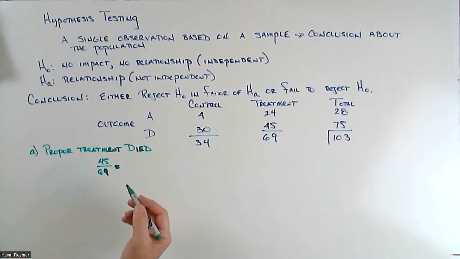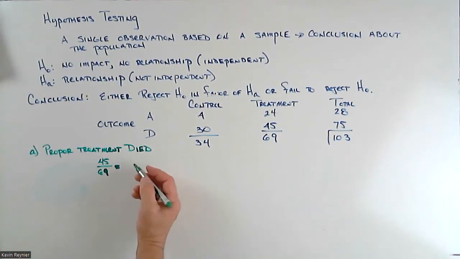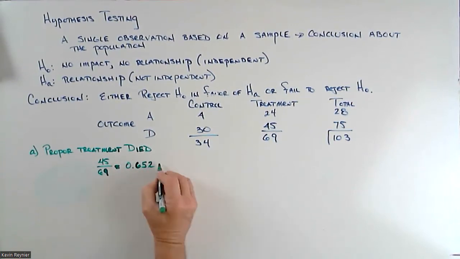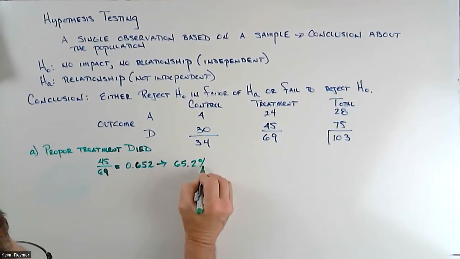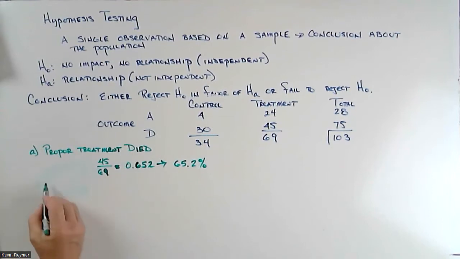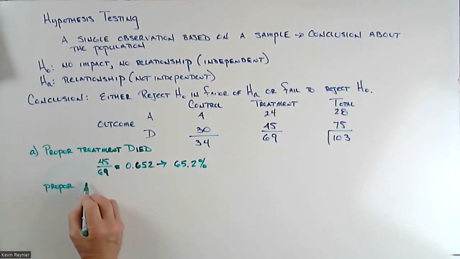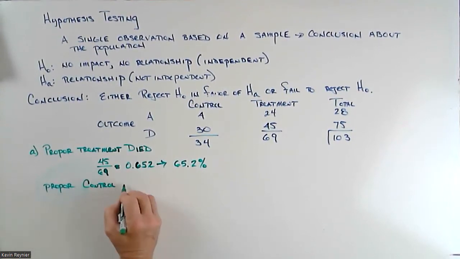Now, I already did this division, but you would have to do this, of course, on your calculator, and you get 0.652 or 65.2%. And then they asked us for the proportion in the control group who died.